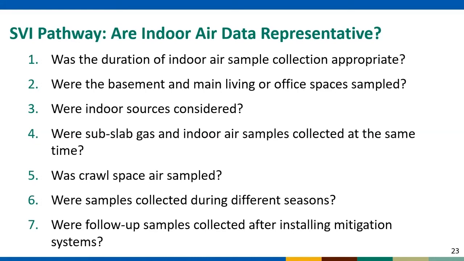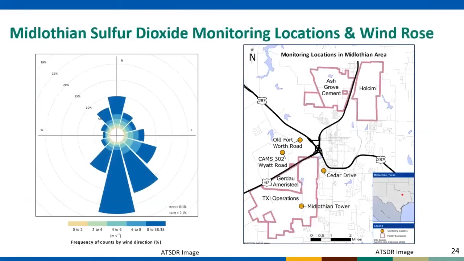Because we do not have any data to evaluate the air pathway for the GLC site, I'm using an evaluation of sulfur dioxide exposures, or SO2, at a petition site in Midlothian, Texas, that ATSDR worked on. Let's go through some background information and some features on the map.